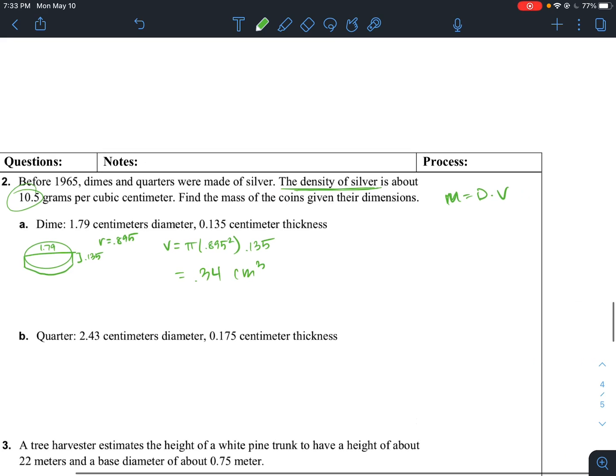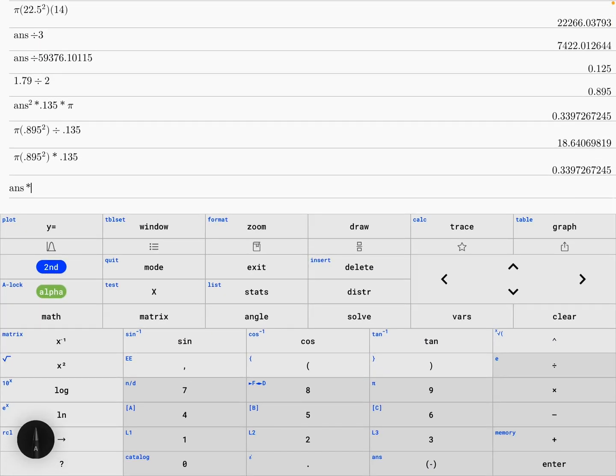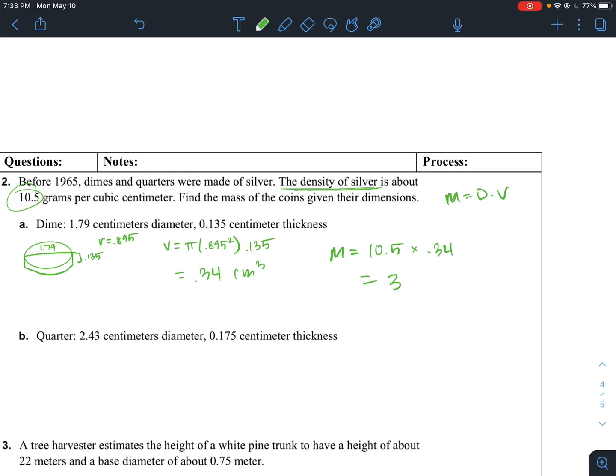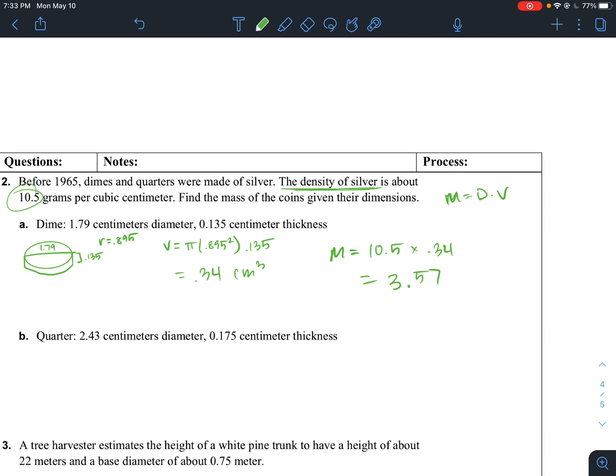Now to find the mass of the object, we need to take the density, which was given to us as 10.5, multiply that by 0.34, and that gives us the mass of our object. So that times 10.5, and we get 3.57 grams.